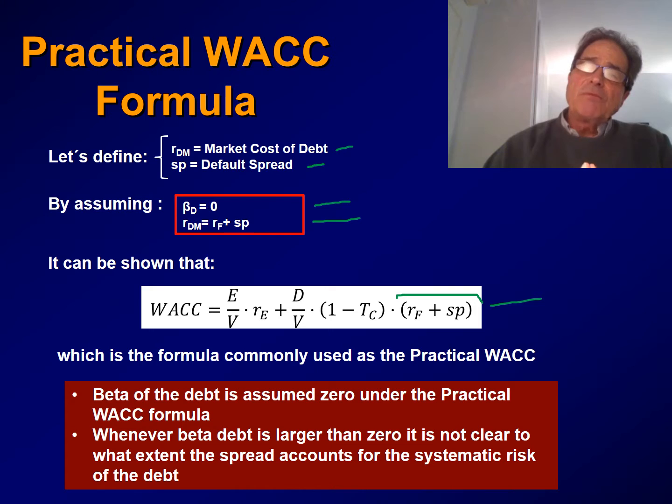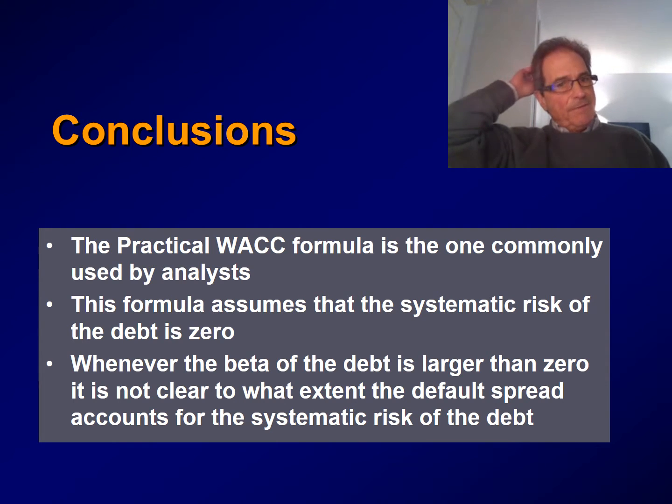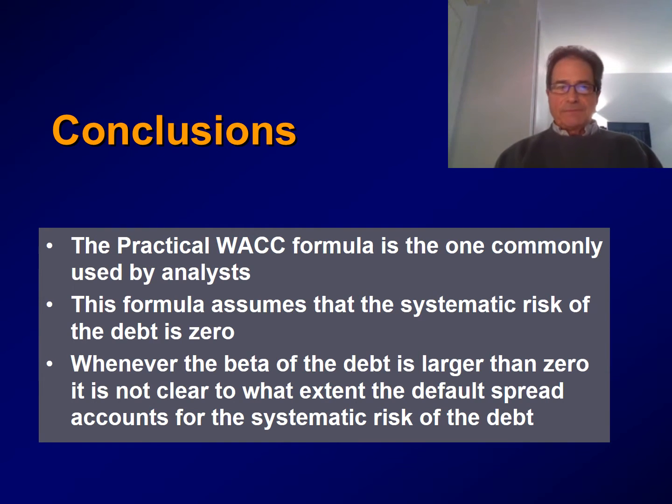But what happens then when the beta of the debt is not 0? Imagine that the beta of the debt is positive. We have some systematic risk for the debt. In this case, we will never know to what extent the default spread includes this systematic risk. So let's conclude. The practical WACC formula is the one commonly used by analysts.